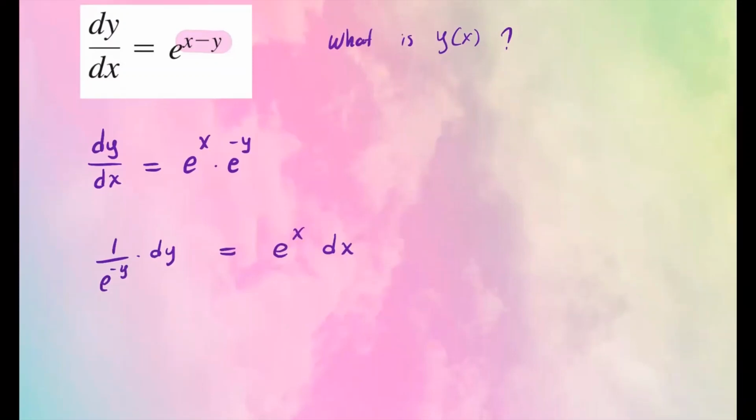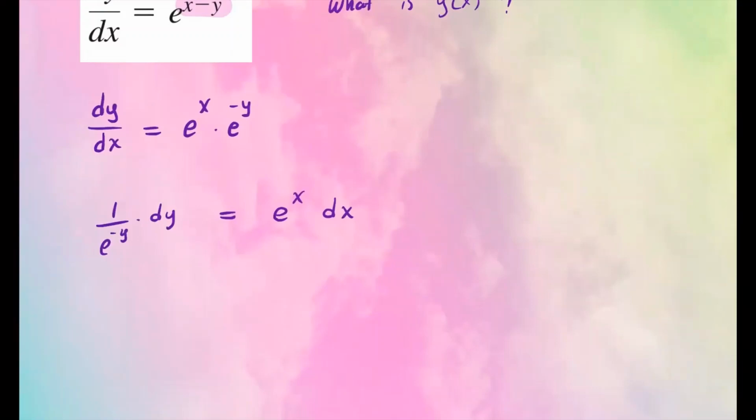Now, I can also rewrite the left-hand side in a nicer way. By laws of exponents, you can bring this to the top. So you'll have e to the positive y dy is equal to e to the x dx. So just some algebraic simplification. And now we're ready to integrate. We integrate the left side with respect to y, and the right side with respect to x.